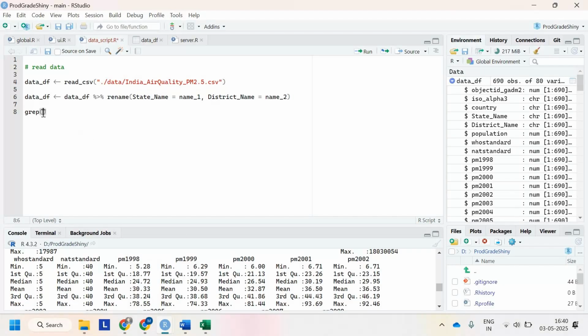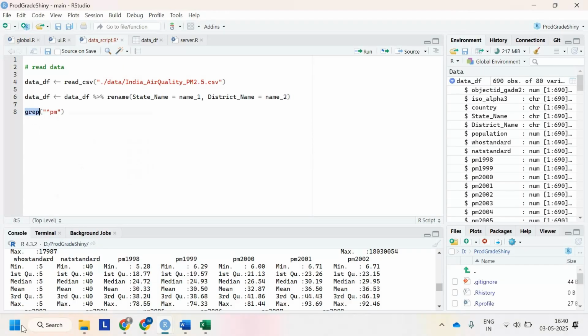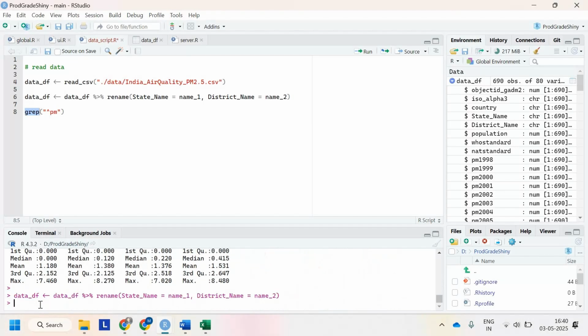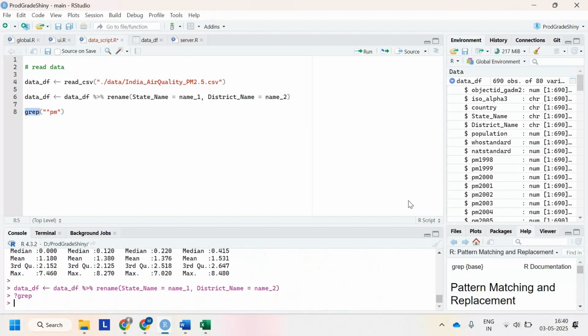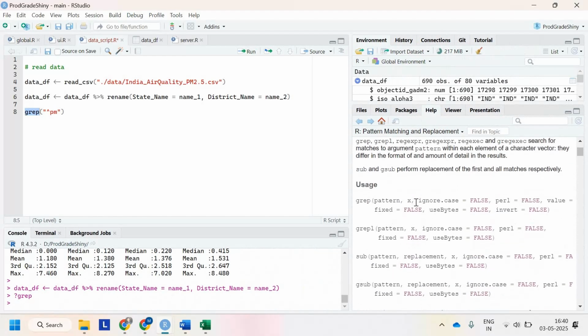So if I pass PM here, and then the data frame. Let me see what arguments I can pass here. We can say ignore the case first. Then we provide the vector of columns that we want to filter, so I want to filter from the column names of the data frame.